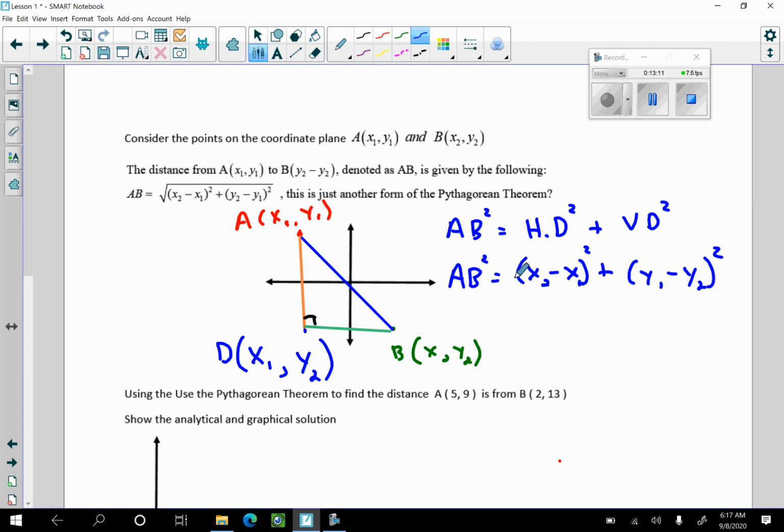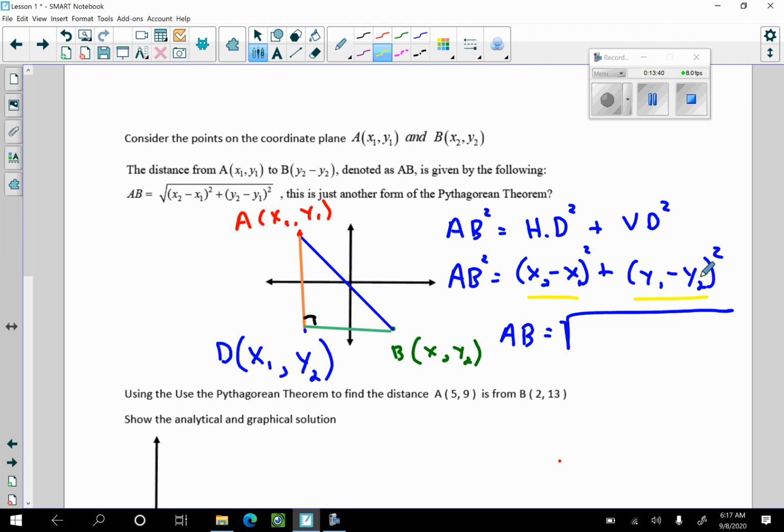And therefore that's where we come up with this distance. AB then is going to be the square root of this expression right here. But, oh look, these don't match up. What we need to know is if I take y sub 1 minus y sub 2 squared, it doesn't matter who's bigger.